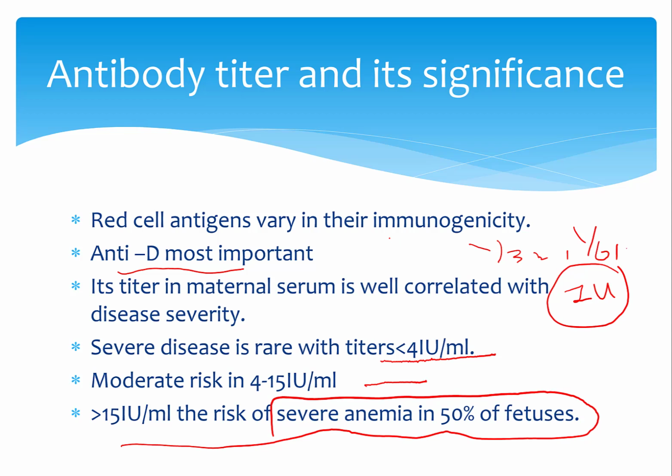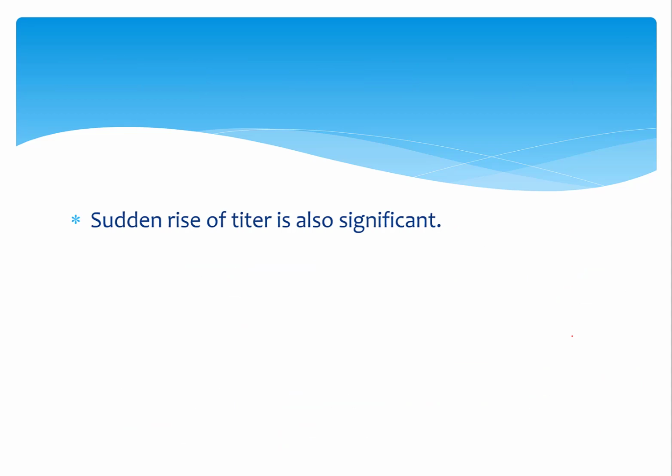If you go with the titer expressed as a number, anything more than 1 in 16 needs regular follow-up, and anything above 1 in 64 probably needs thinking of delivery.